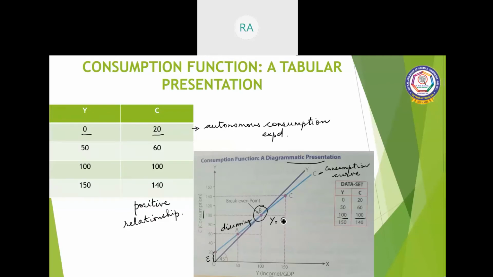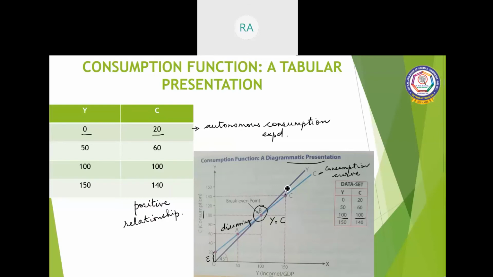Whereas on the right side of the break-even point, you can notice here the income line is above the consumption curve. Take for example point C. At point C, the income is 150, whereas the consumption expenditure is 140. It means income is greater than the consumption expenditure. And you have an excess of income here.